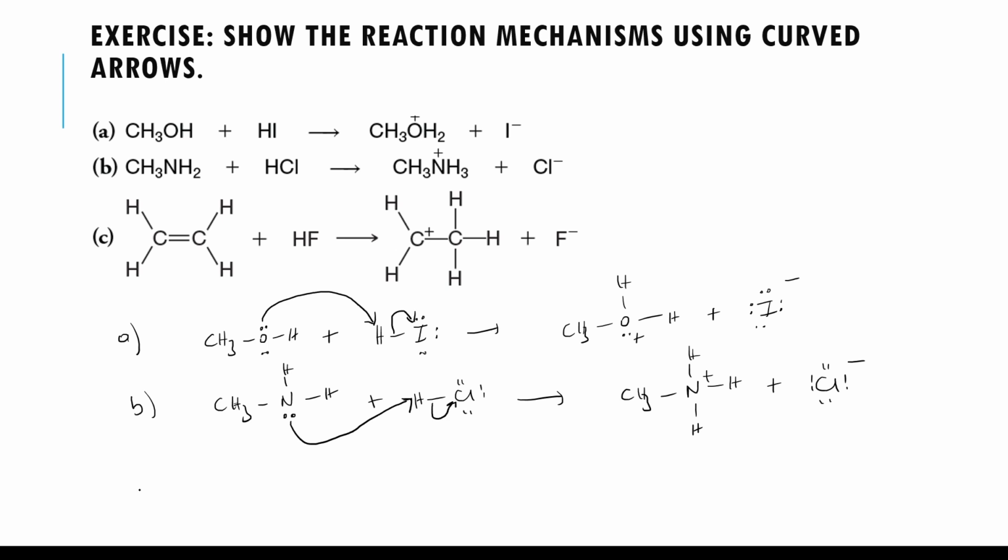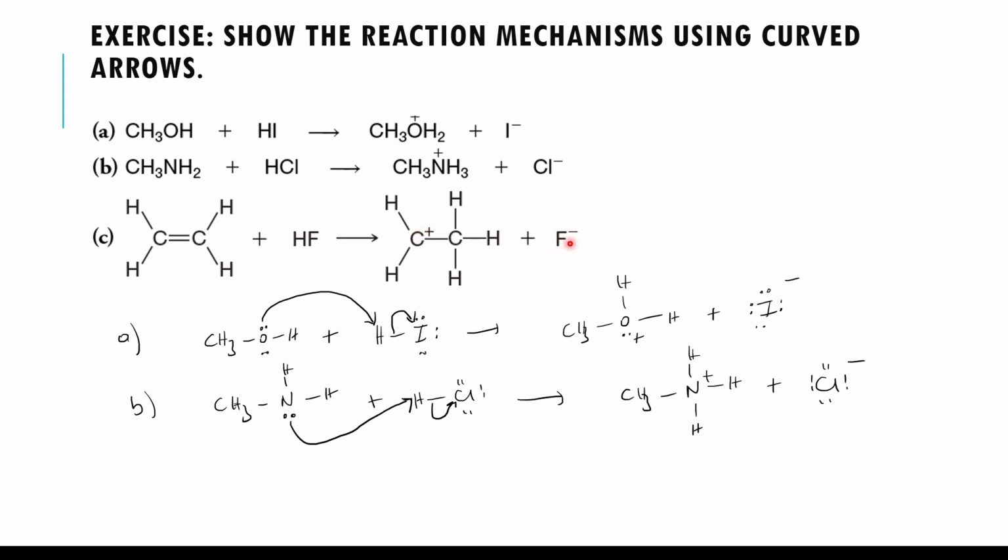And the last reaction, we have here an alkene. It's ethene reacting with hydrogen fluoride, and hydrogen is attached to one of the carbons, creating a positive charge on the other carbon.